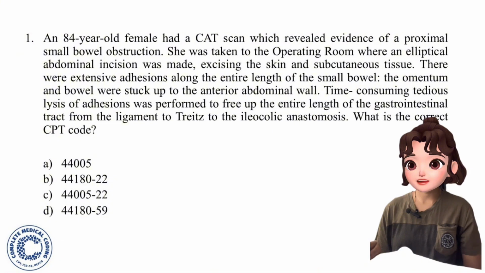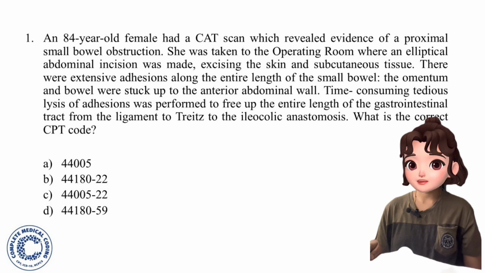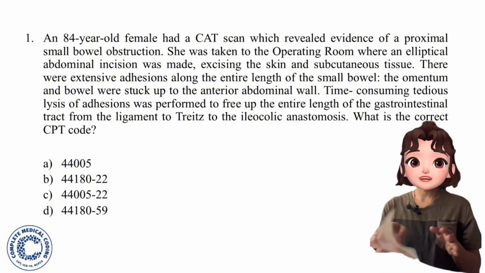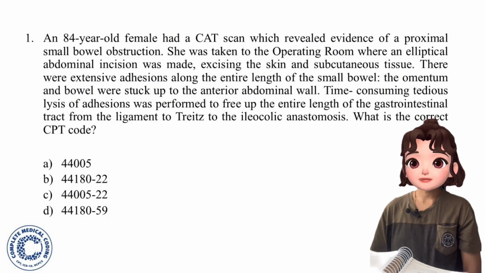Nowhere is it mentioned that this is a laparoscopic procedure. That is a wrong code. Option C is again the same CPT code, 44005, with modifier 22. And option D, 44180, again a laparoscopic code, with modifier 59. So we can skip options B and D because they are laparoscopic codes.